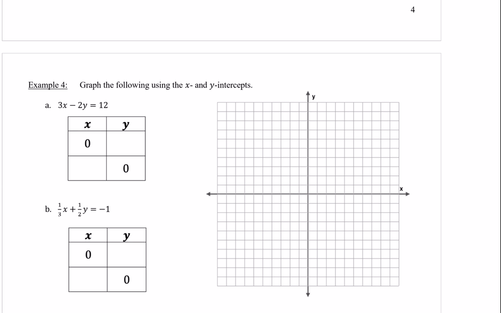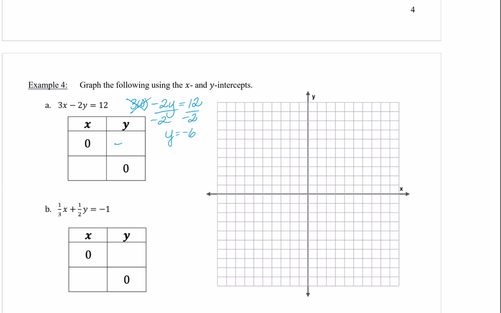So I would plug in 0 for the x. So that would get rid of that x term, and I'd have -2y, because we have 3 times 0, which is just 0. So I have -2y equals 12, and then I can solve for my y. So y equals -6. So when x is 0, y is -6.